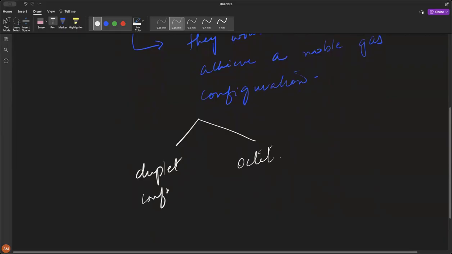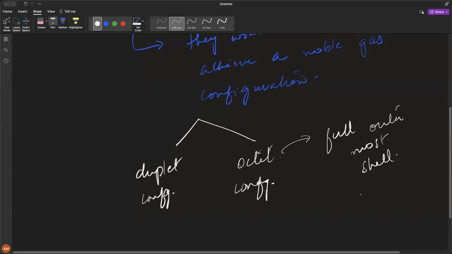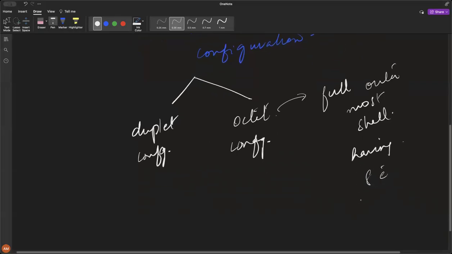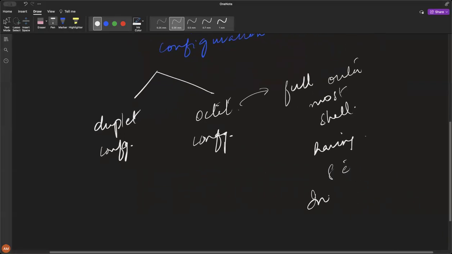Octet configuration means they need to have a full outermost shell, that is having 8 electrons in the outermost shell, or 8 electrons in the valence shell.